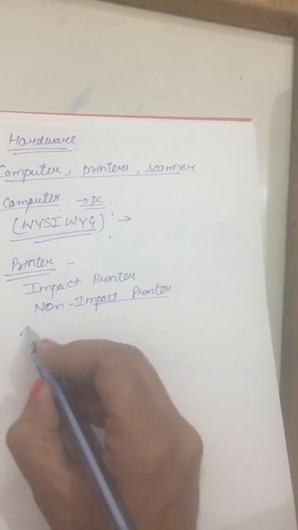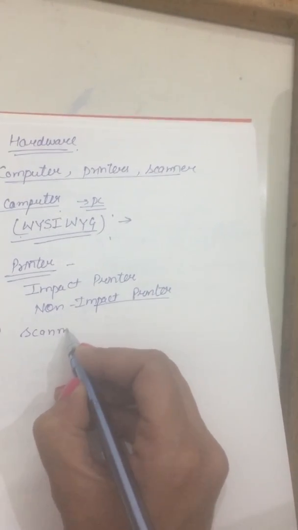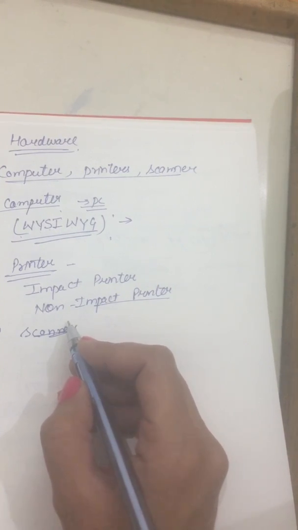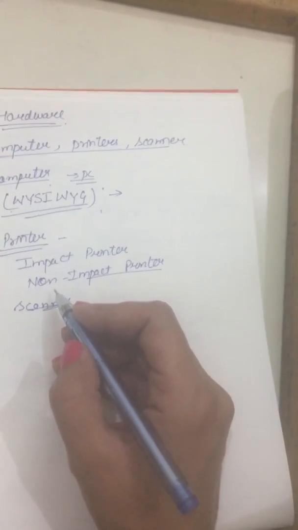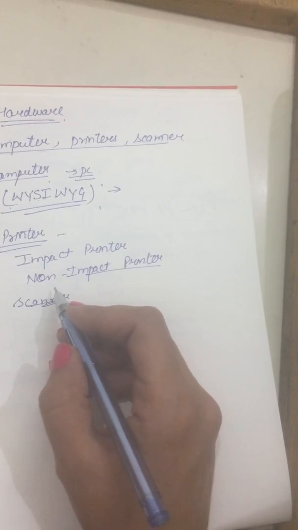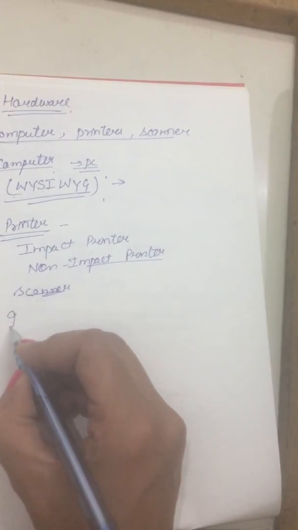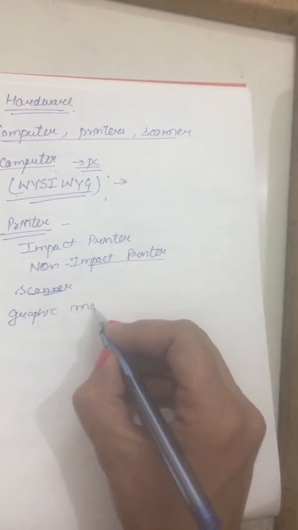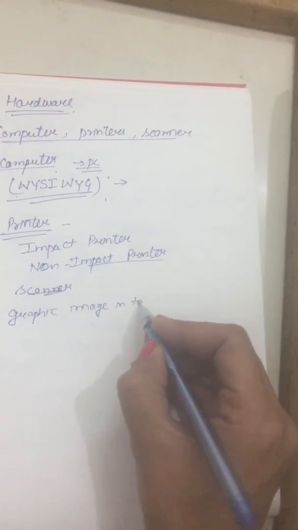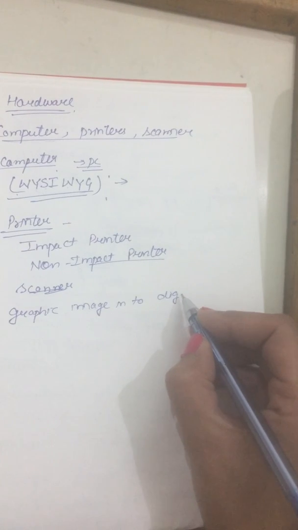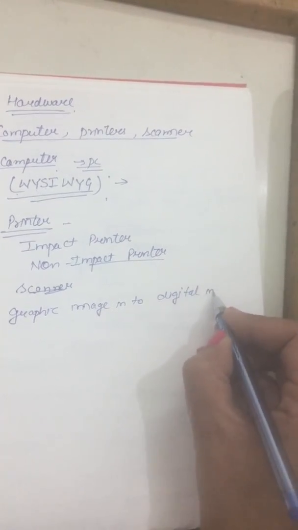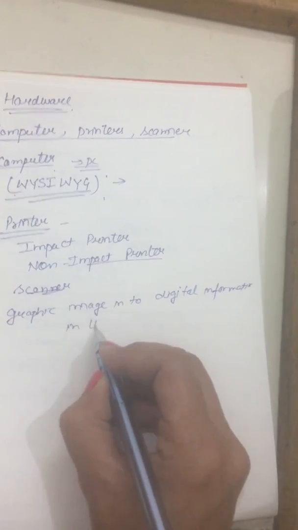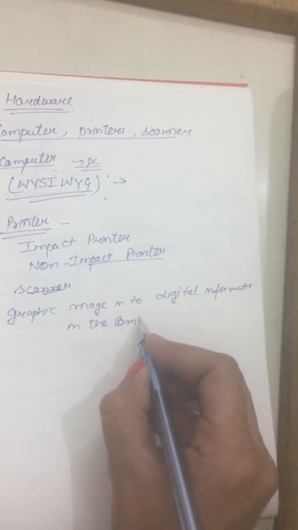And how clear the output is all depends on the different types of printers. And third is the scanner. What do you mean by scanner? A scanner is a peripheral electronic device of the DTP system which converts a graphic image into digital information in the computer.